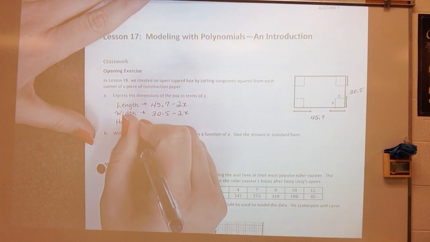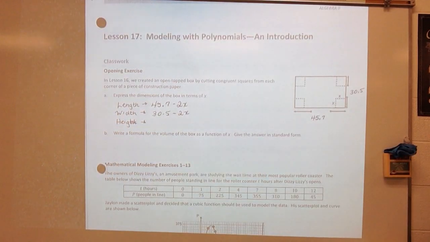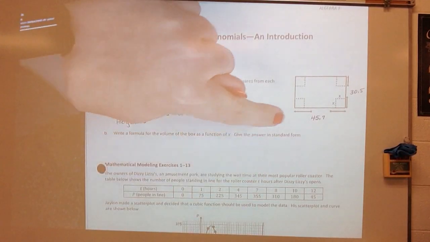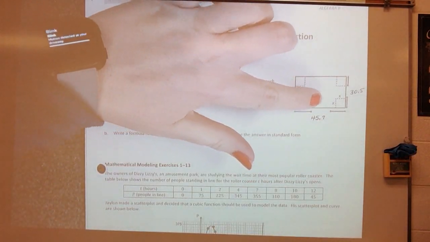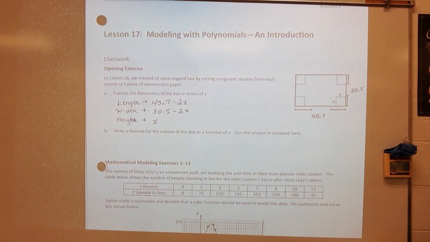And then our height, I spelled that wrong. Alright, our height, well, how tall is it? Well, it's going to be x height because it's going to be however tall that square is that you cut out. Alright, so it says write a formula for the volume of the box as a function of x and give the answer in standard form. So if you remember, volume is length times width times height.